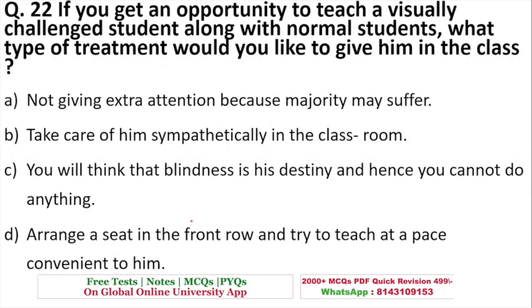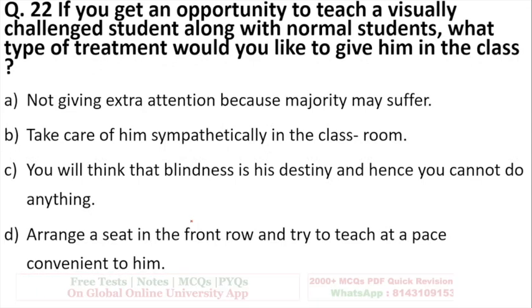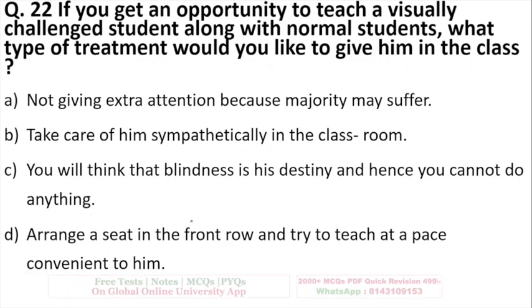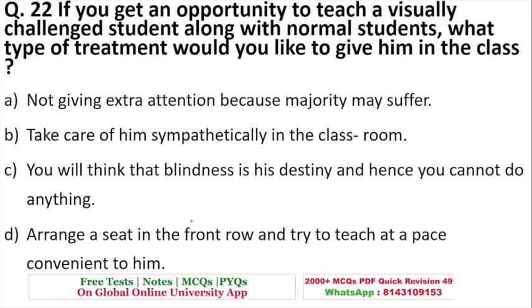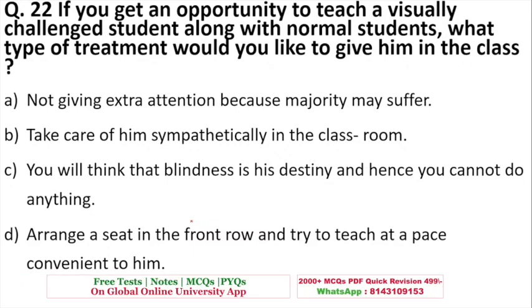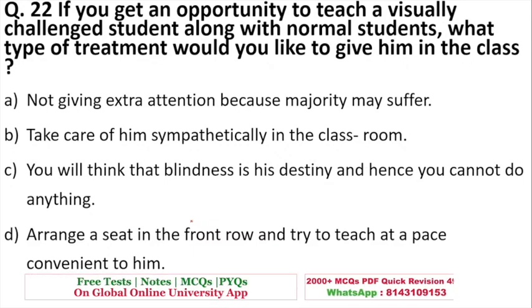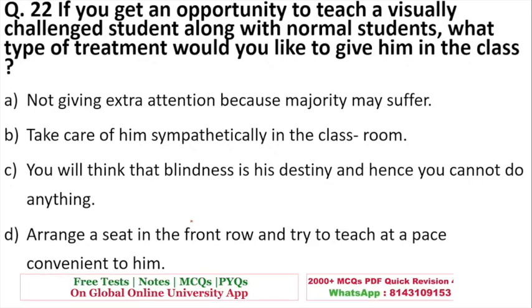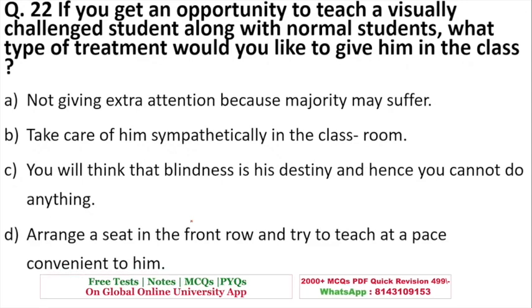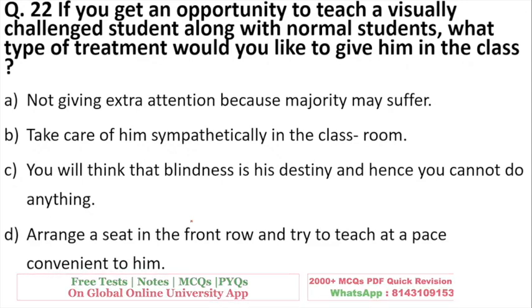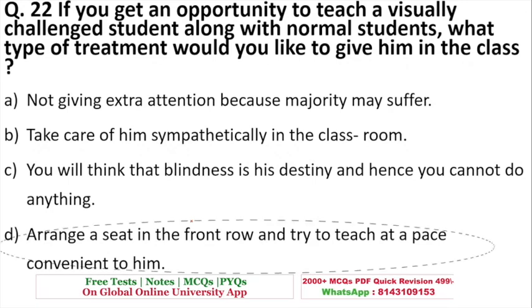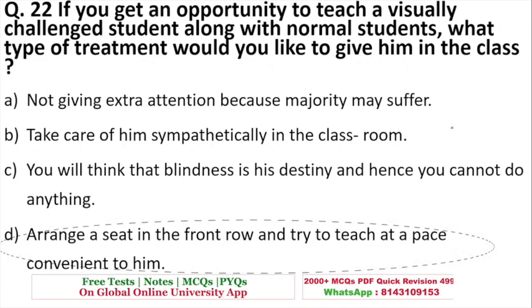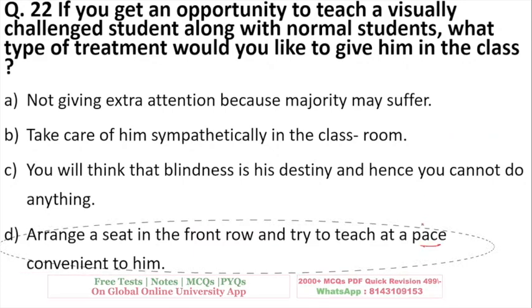If you get an opportunity to teach visually challenged students along with normal students, what type of treatment would you like to give him in the class? So sometimes such kind of students come in the class who are not able to see properly. They might have some problem with their eyes. So at that time, what should the teacher do? She should arrange a seat in the front row and try to teach at a pace. Pace means at a speed convenient to him.